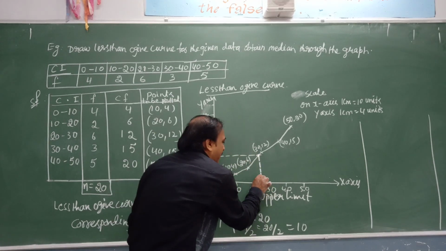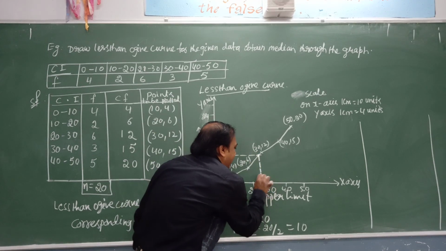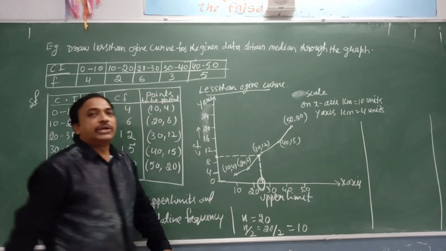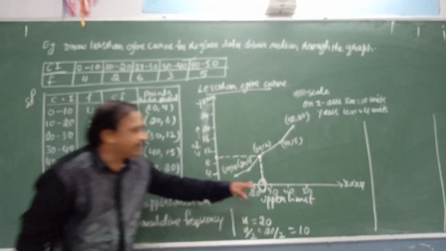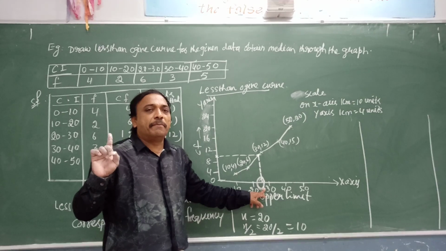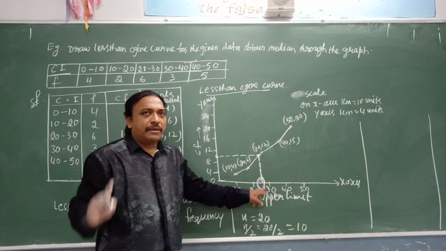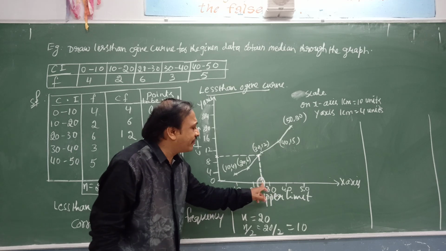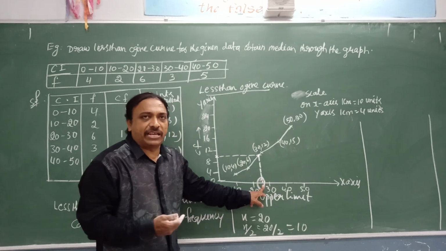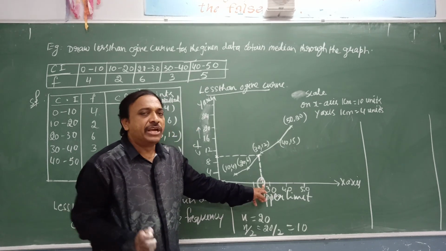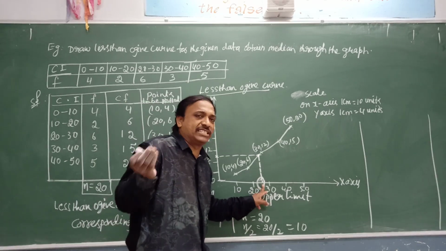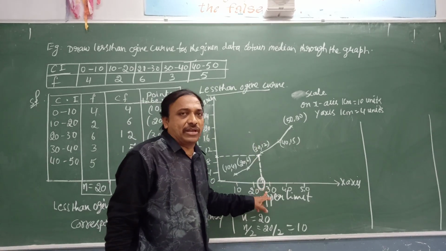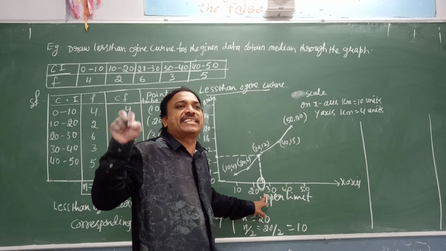This is a perpendicular; the point at which it meets the x-axis is the median. Now 0, 10, 20, 30, so after 25, maybe around 26 or 27, you may be getting 26.2, 26.5. You need to calculate and check it, because you will be getting the exact value.